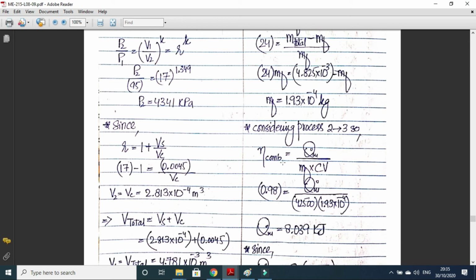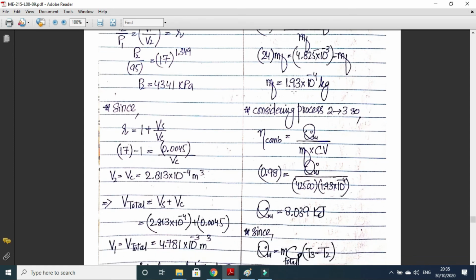Since the combustion efficiency is 98%, combustion efficiency will be equal to Q in upon mf into Cv. This is the maximum heat which we are getting by burning fuel, the actual heat which we are supplying to the working fluid circulating in the diesel cycle, and this is 98%. So we need to multiply the energy we get by burning fuel with 0.98.